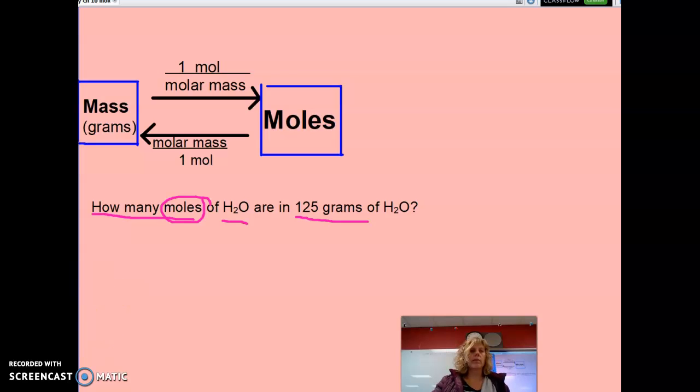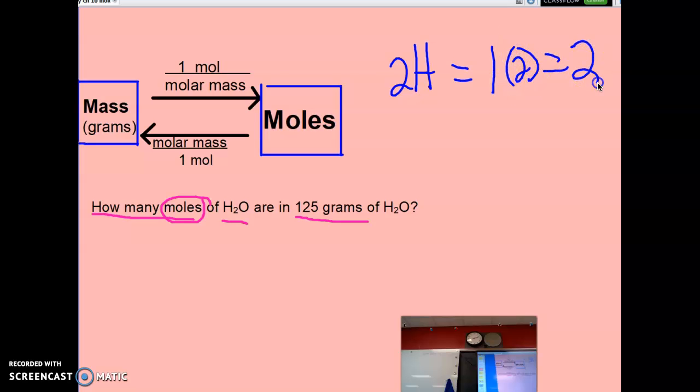I'm going to look on the periodic table, and I'm going to say hydrogen. Hydrogen has a molar mass of 1.0097, whatever, but we're just going to round to 1. But I have 2 hydrogens, so I have to double that, right?